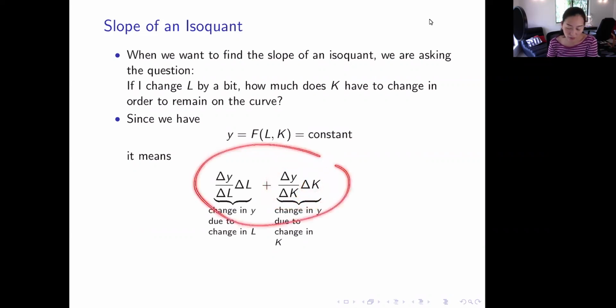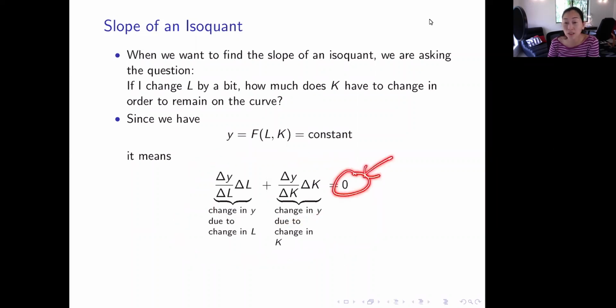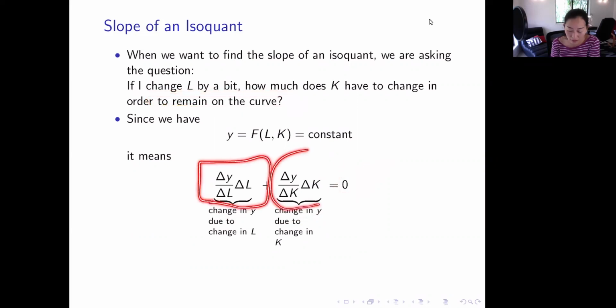You add these two together, it should sum up equal to 0, because the total change of the output has to be 0, right? Because of the same isoquant, so there would be no change in the total output. This term plus this term has to be 0. So one has to be a positive number, another one has to be a negative number, and vice versa.